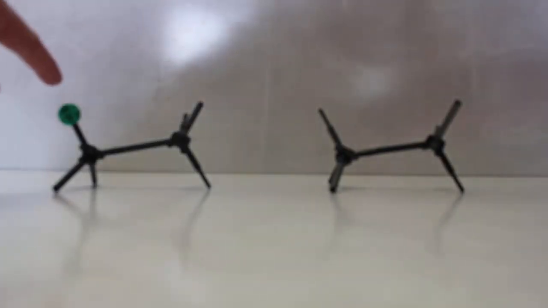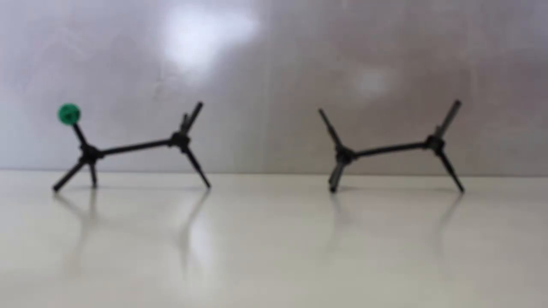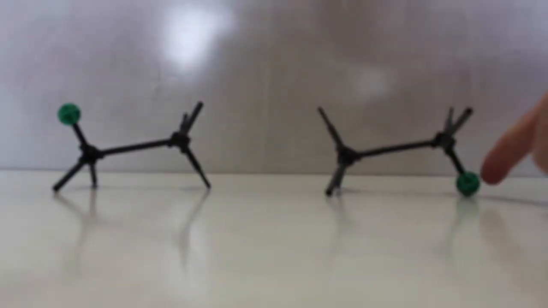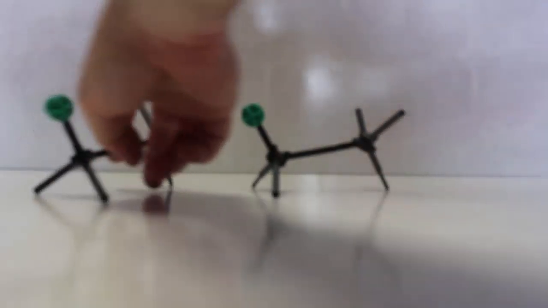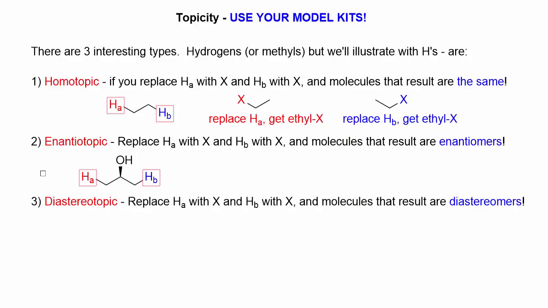Notice I have now substituted X, which is the green ball, for HA. I have substituted X, which is the green ball, for HB. And then the question is, what is the relationship of the two molecules in question? And the answer, of course, is that they are identical. They are mirror images and superimposable. They are identical.